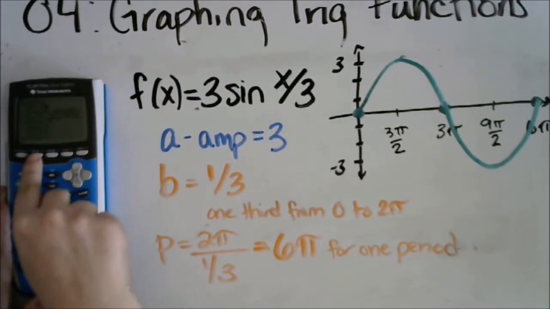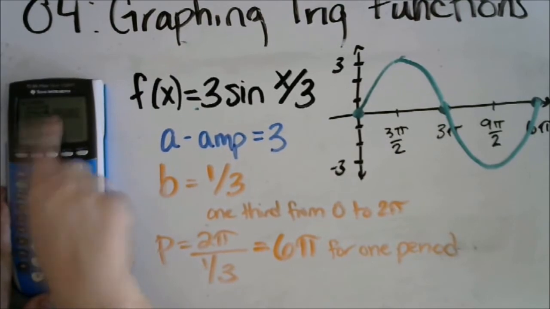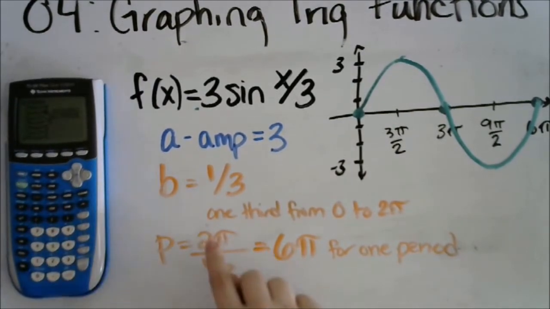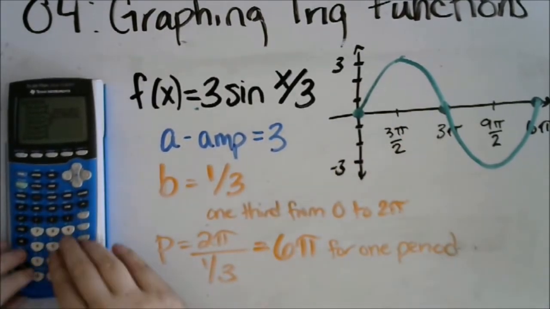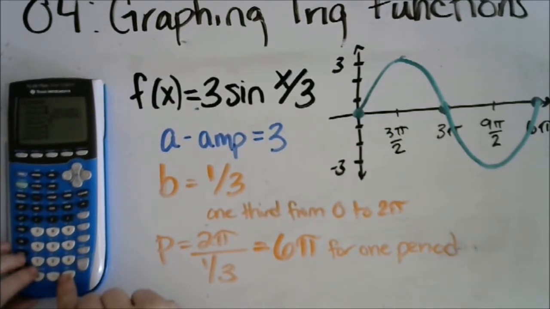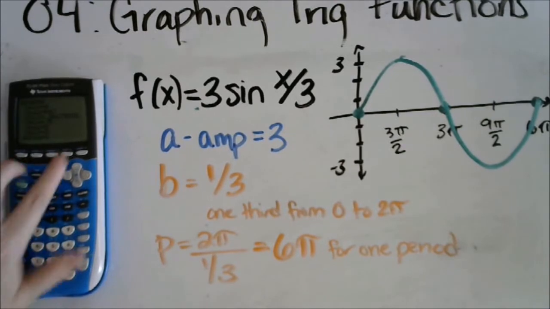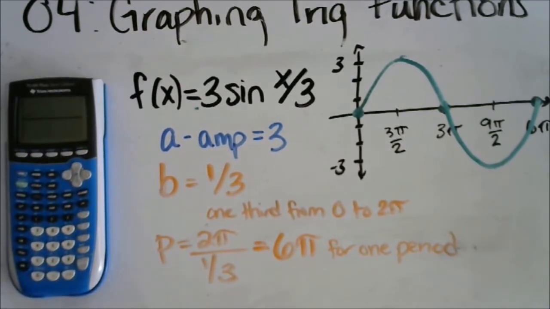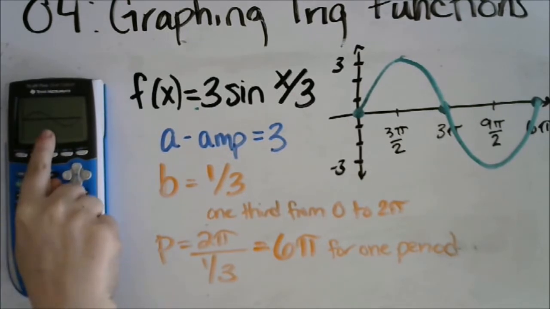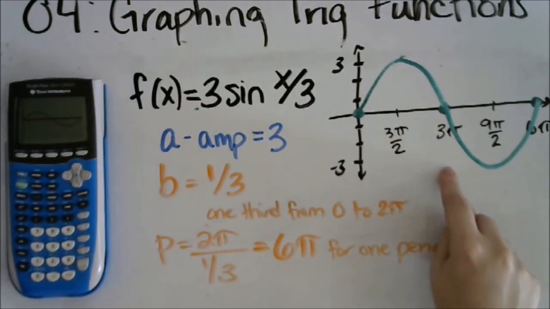Why? Because my window is still set to only display 2 pi. If I want to see the entire curve, I'm going to need to adjust my window settings to 6 pi, which is 1 full period. With the new settings, you can see the entire sine curve matches my curve over here.